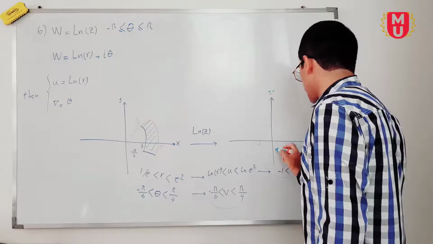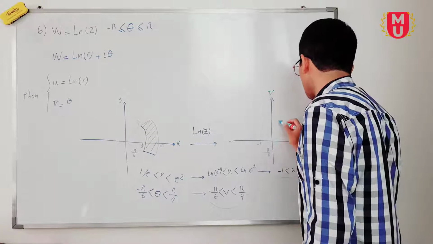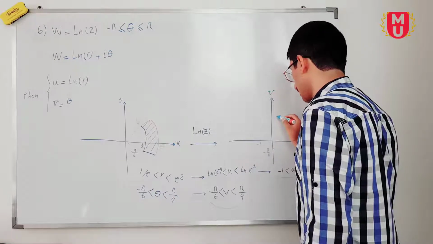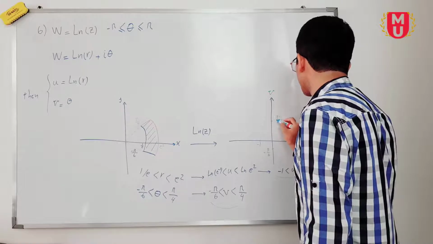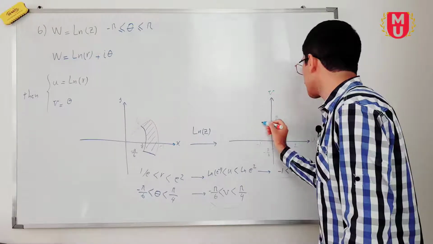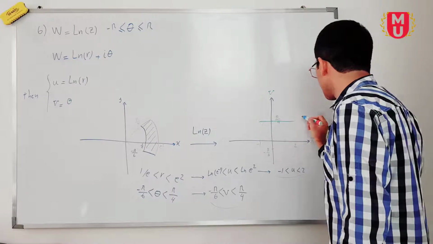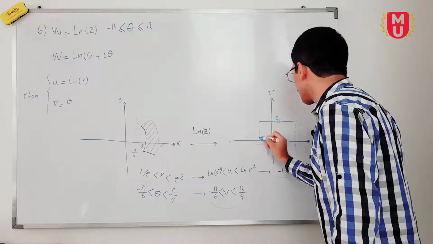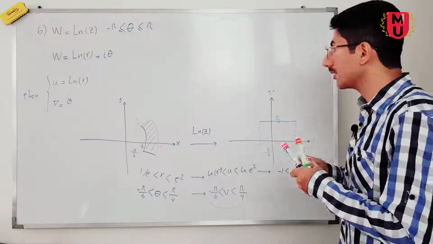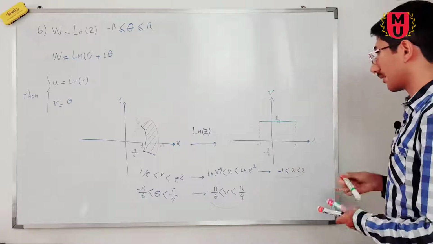And v is changing from minus pi over 6 to pi over 4. The line that we are chasing is this line. That pink line became this light blue line.